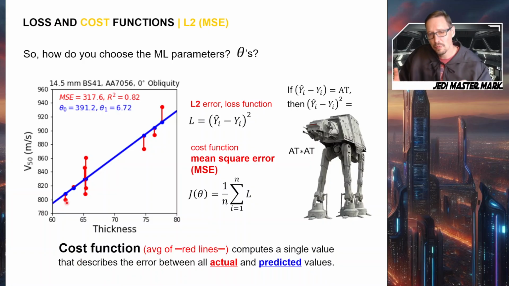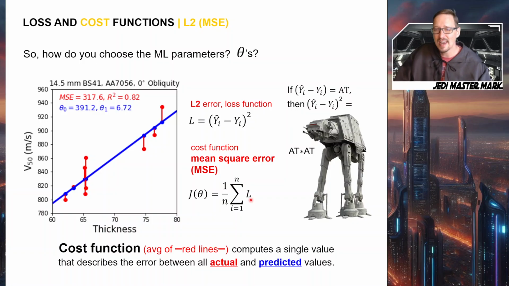And then when we talk about the cost function, here's a term that you've probably seen used: mean squared error is another name for this L2 loss function. What the cost function is, is 1 over the number of observations, and you're going to take all of these loss functions and sum them up.